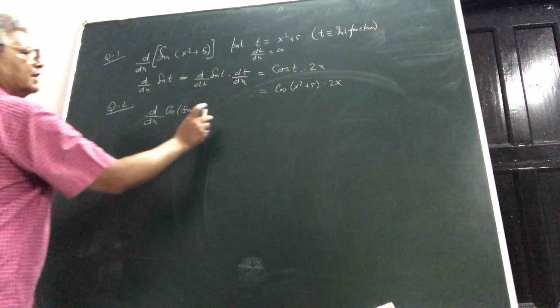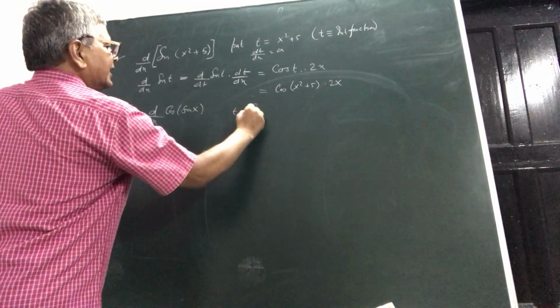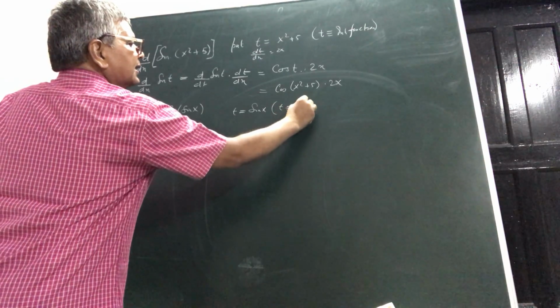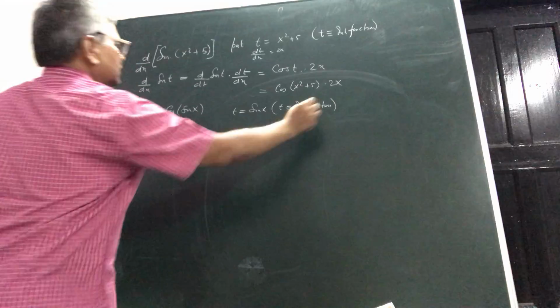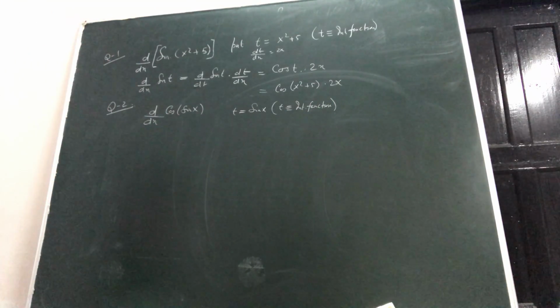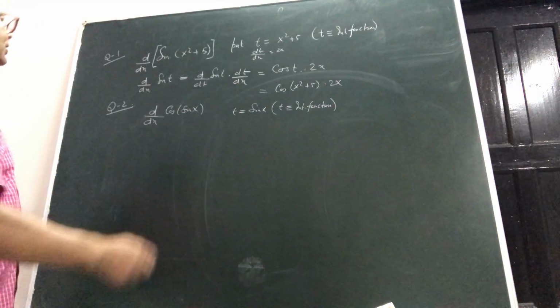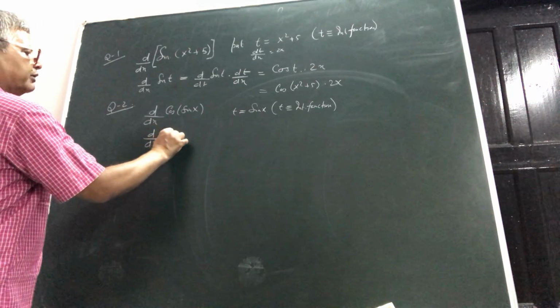So first of all, what is the internal function? Here you put t equal to sin x. Write down that t is the internal function. Please develop this practice, because reasoning is more important, and this reasoning provides you the confidence. And when you reason it out, this becomes d by dx of cos of t.